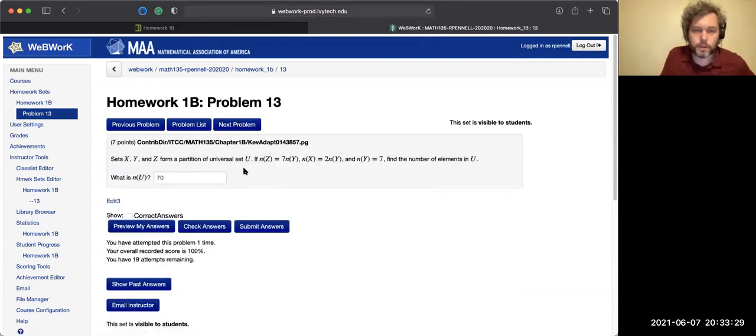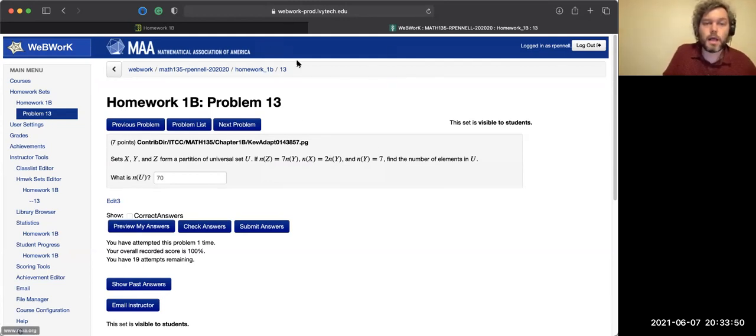For this one, I'm going to work it out fully. Sets X, Y, Z form a partition of the universal set U. The number of elements in Z equals 7 times the number of elements in Y. The number of elements in X equals 2 times the number of elements in Y, and Y equals 7.